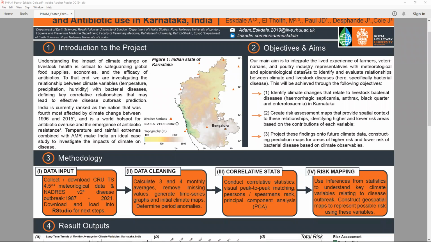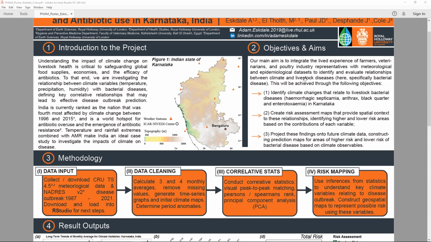Just to introduce you to this project, essentially what we were trying to investigate was the relationship between climate change and bacterial diseases, specifically the diseases of hemorrhagic septicemia, anthrax, black water, and enterotoxemia.